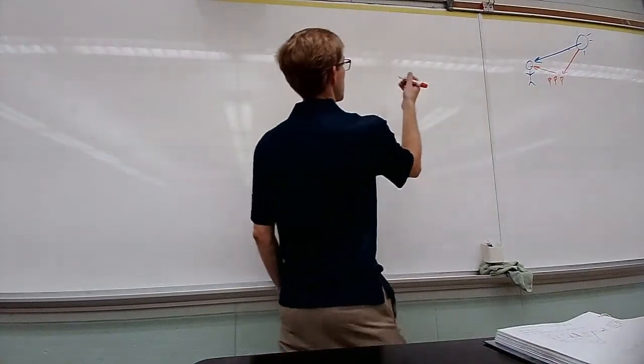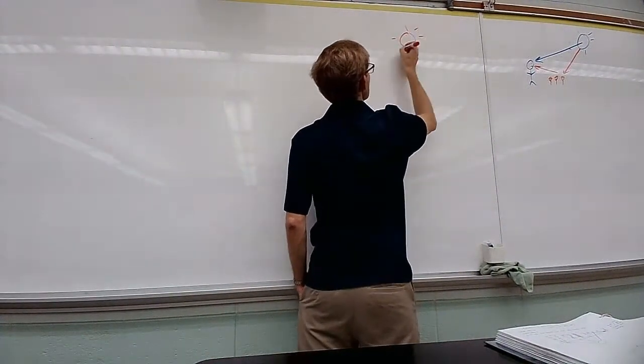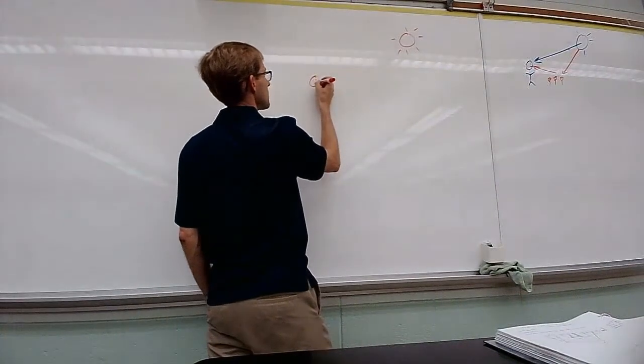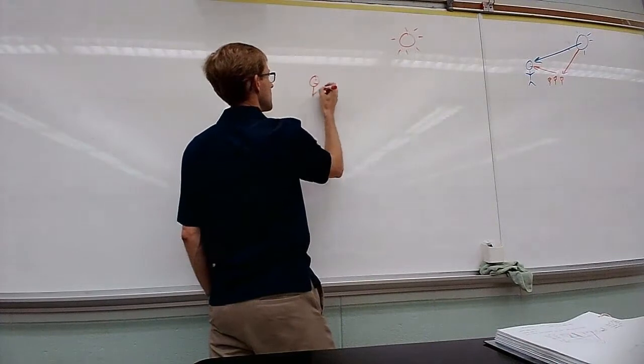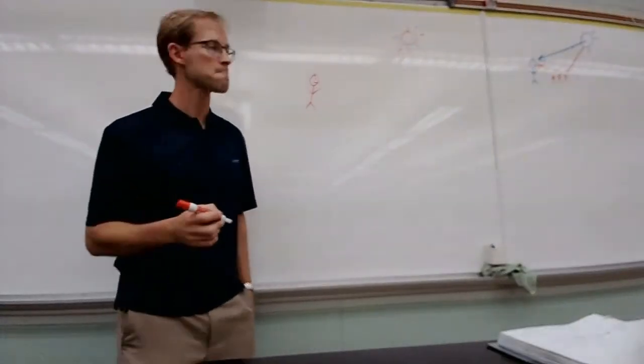Another picture we could draw. If the sun was here, person's here. He's happy because he's not looking directly at the sun this time.